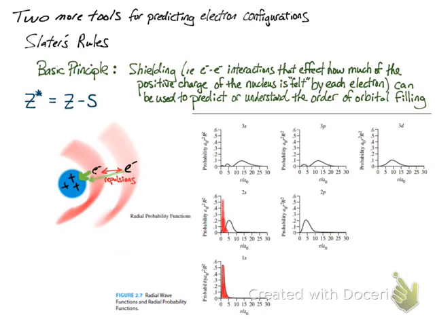If we overlay that on top of the radial probability function for a 2s electron, or for a 2p electron, you see that the 1s, of course, has a higher probability close to the nucleus, and therefore is going to be able to shield the electron density of a 2s or a 2p electron, which have a higher probability out further away from the nucleus.